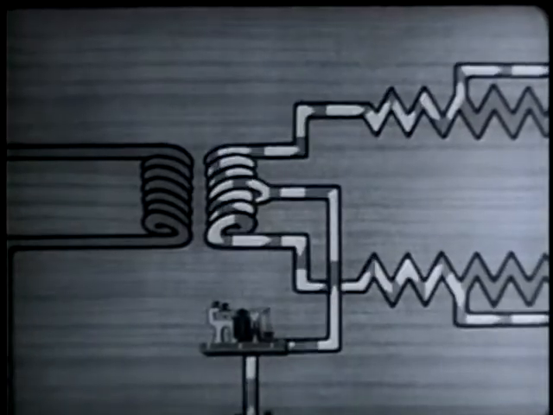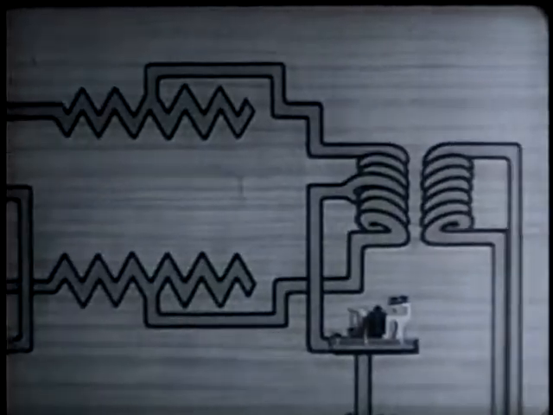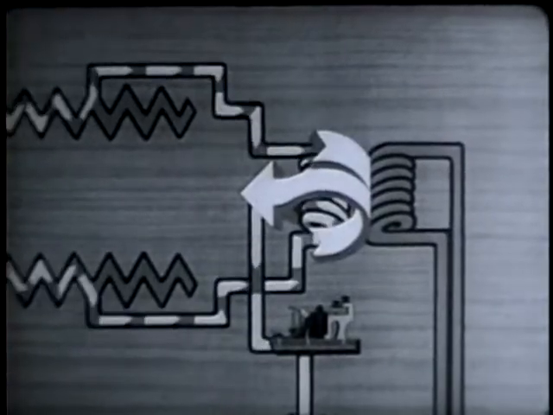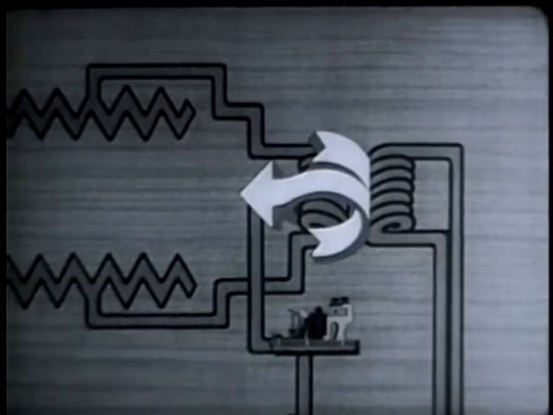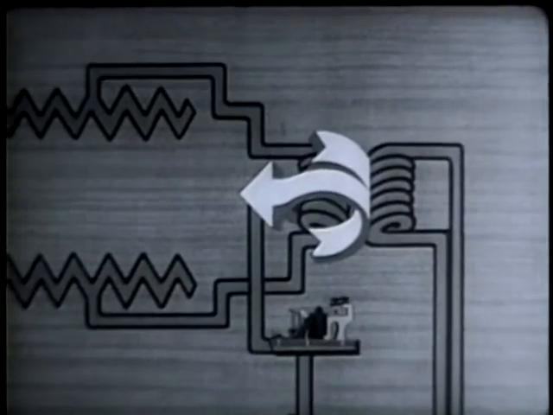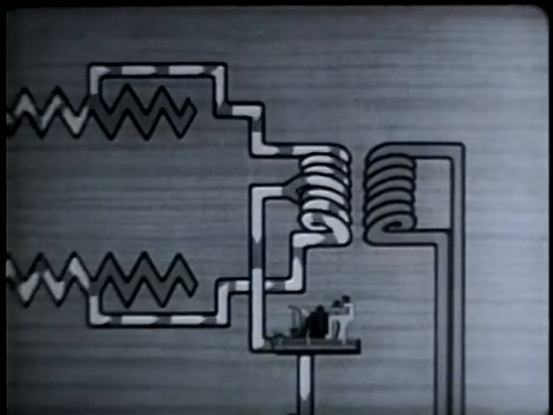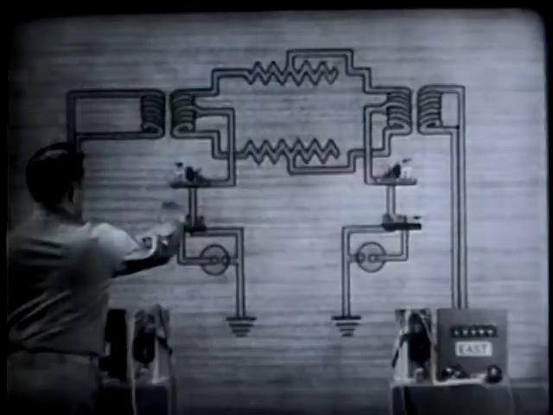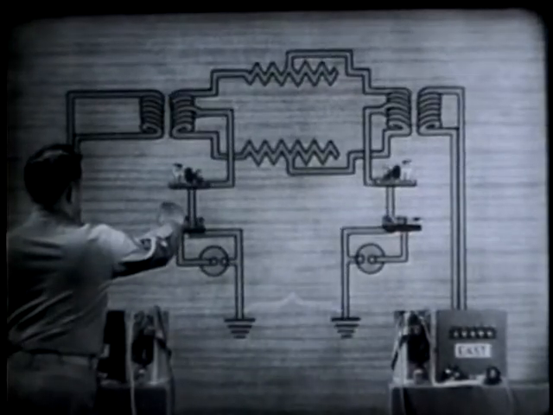The currents continue through the line wires until they meet at the midpoint terminal of the other repeating coil. Here, the current becomes one again and flows into the east telegraph set. The circuit is completed through the earth.